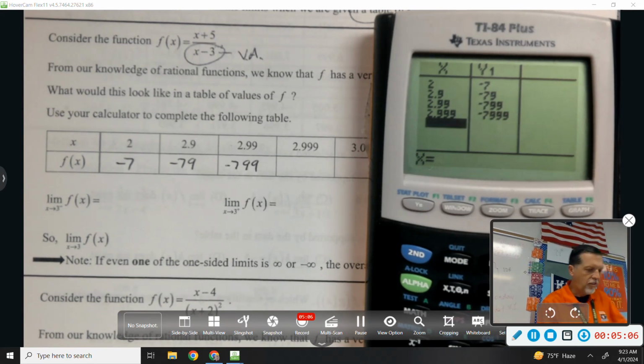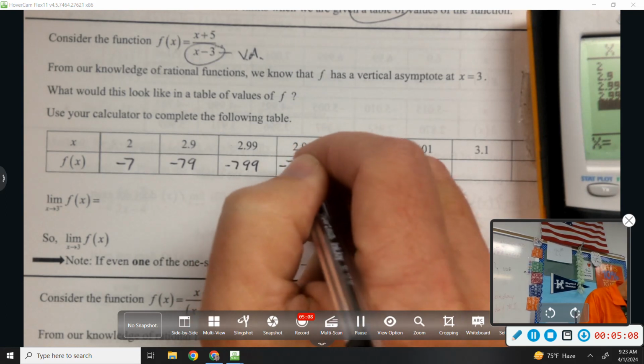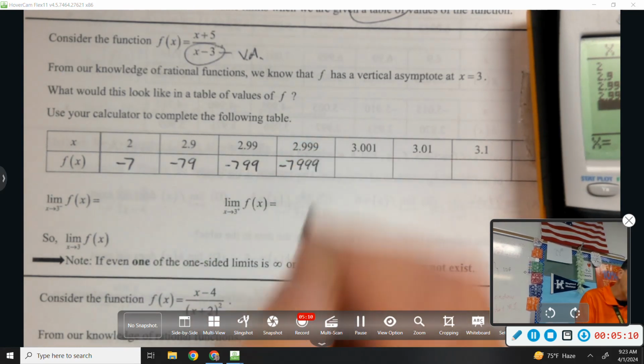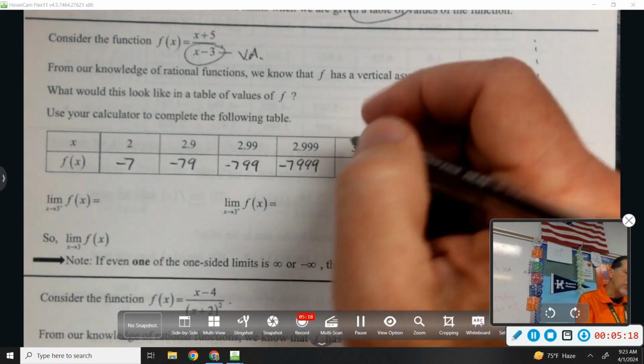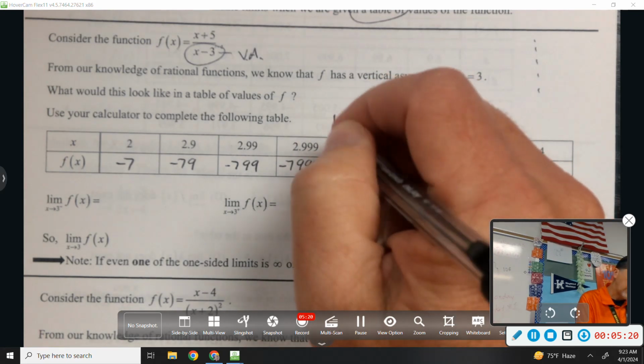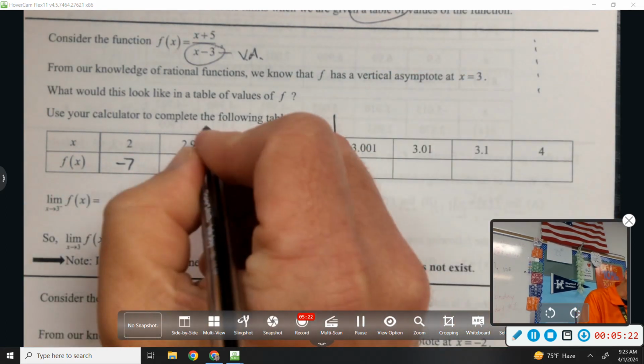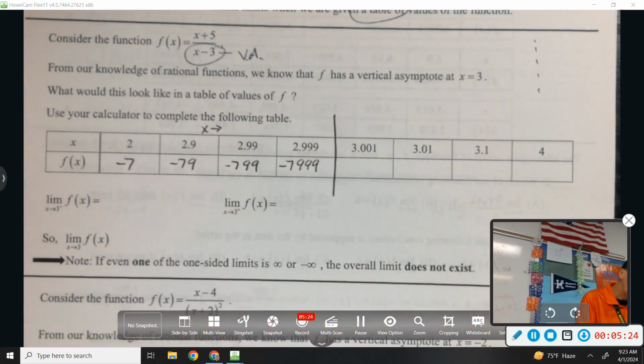Sure enough, negative 7,999. Okay, so before we even jump to the other side here, our x values on this side are approaching, what are we approaching? 3, and 3 from which side?